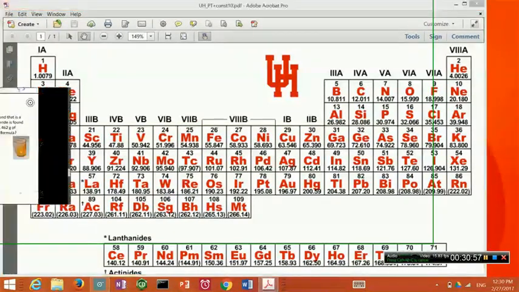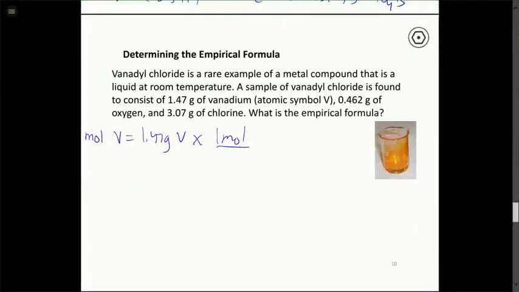Okay, so we divide by the atomic mass to convert masses into moles. And so that means this sample of compound has 0.02888 moles of vanadium.